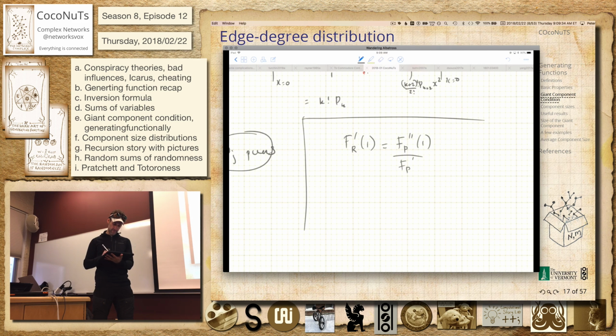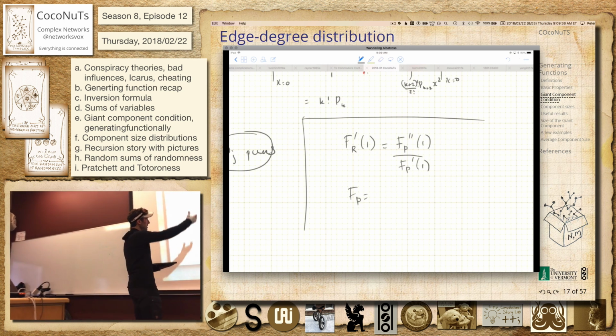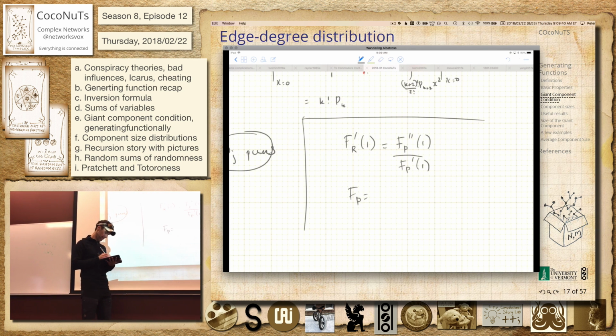F of p of 1 and f of p. So everything ultimately is going to be in terms of just the generating function for p. I know we've done it, I just want to do it again. Iteration is good.